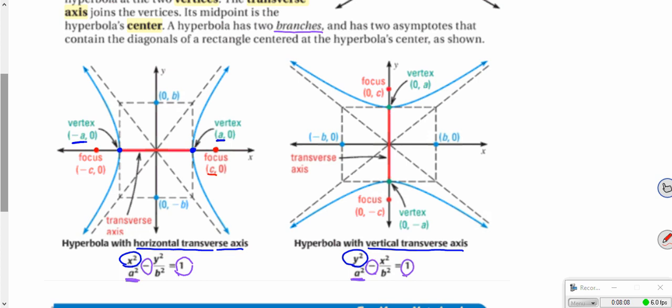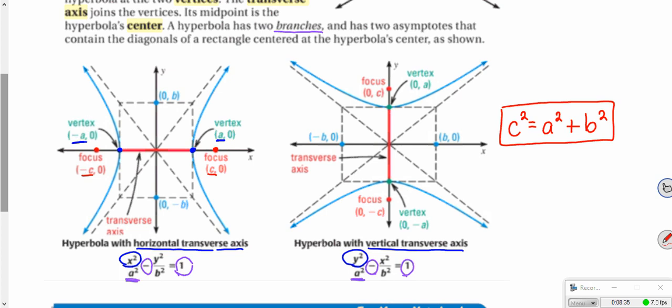Now, focus is the same thing as on an ellipse. We use a C, but we have a different formula now, and we're going to get to that down below, but I want to go ahead and write it. If you remember, the formula for C for an ellipse was C squared equals A squared minus B squared. On a hyperbola, C squared equals A squared plus B squared. I remember these just because I think opposite.